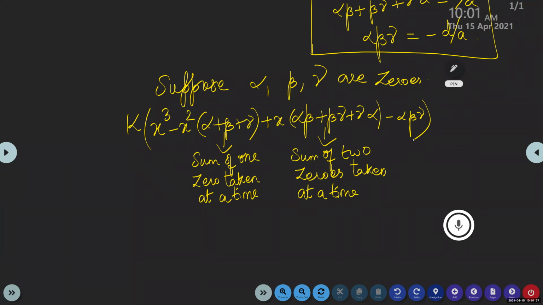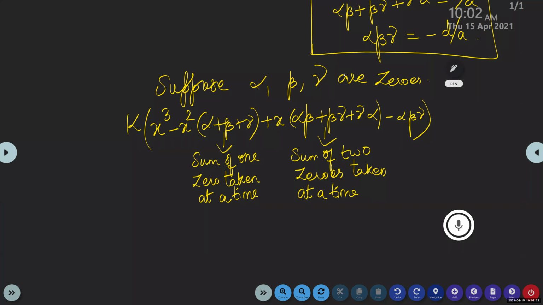The cubic polynomial is given by k into x cube minus x square into alpha plus beta plus gamma. What is this alpha plus beta plus gamma? We say it is the sum of one zero taken at a time.